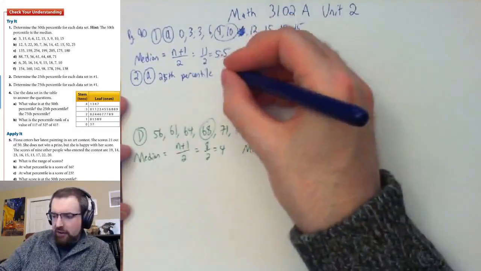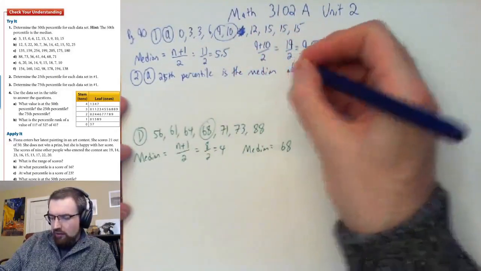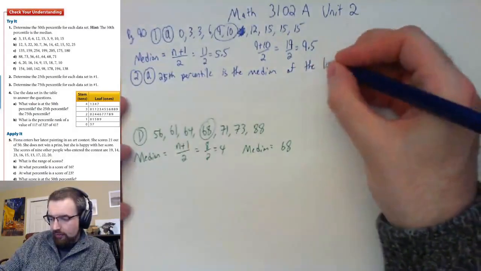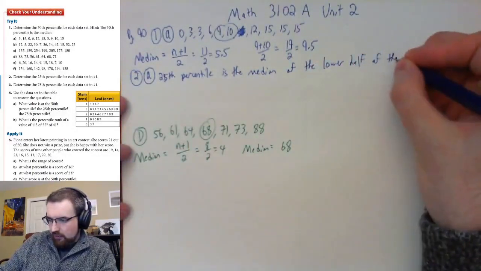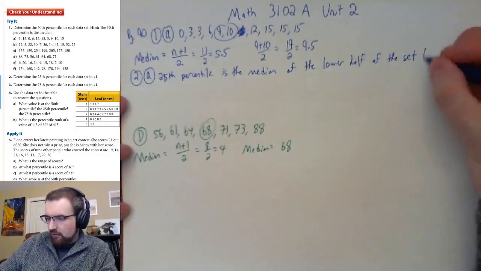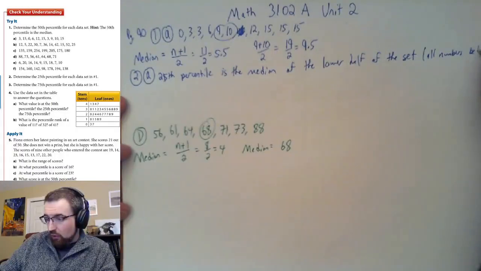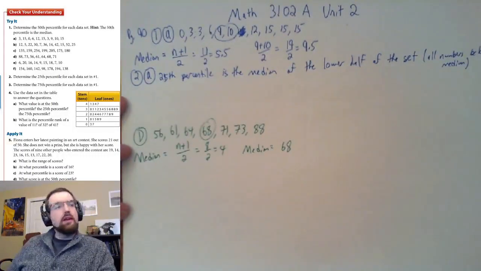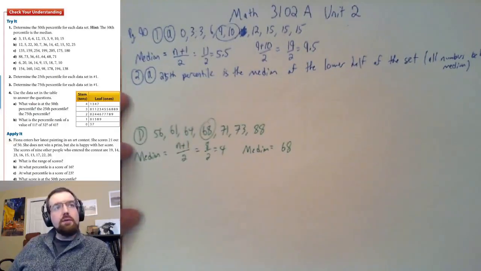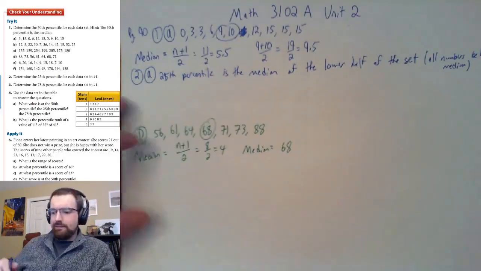So 25th percentile is the median of the lower half of the set. All numbers below median. Right. So all we got to do to find the 25th percentile is we're just doing the median again. Just we're doing it with a smaller set now, right?